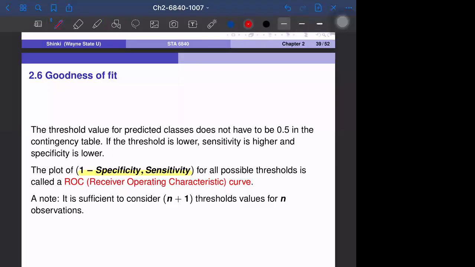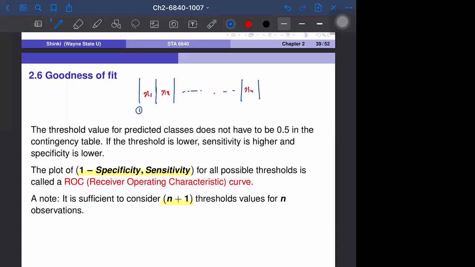We say all possible thresholds, but actually we only have to think about at most n+1 thresholds, because we have only n observations. So we have x1 to xn. So the only possible thresholds are here, here, here, up to here.